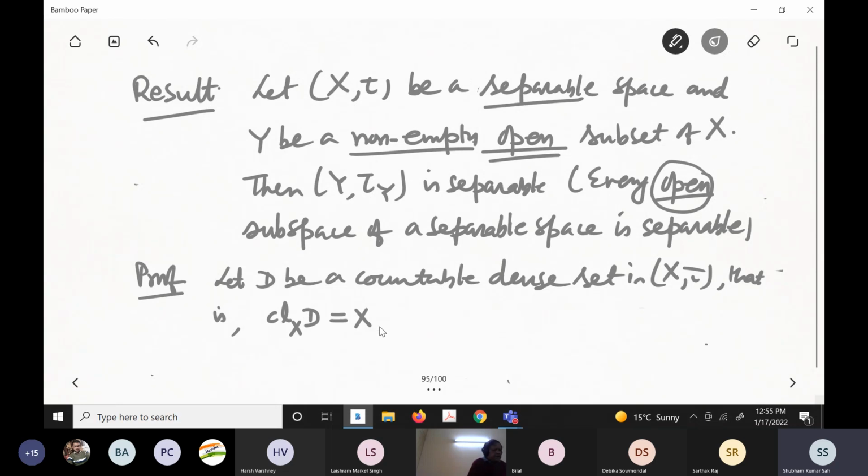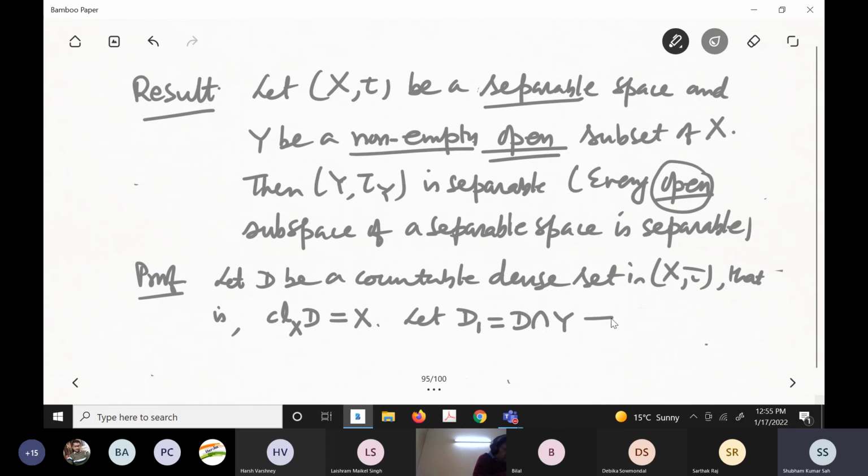Okay, right. Now let us consider D1. D1 equals D intersection Y. Now look, Y is given open and D is dense, and Y is a non-empty open set.